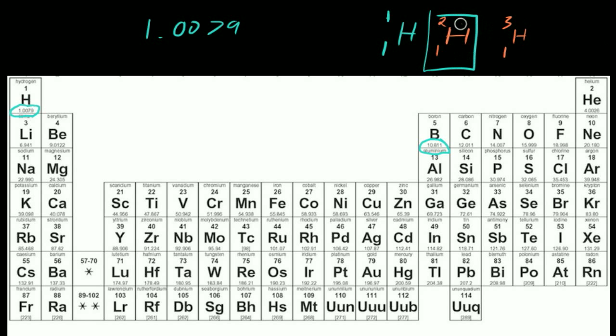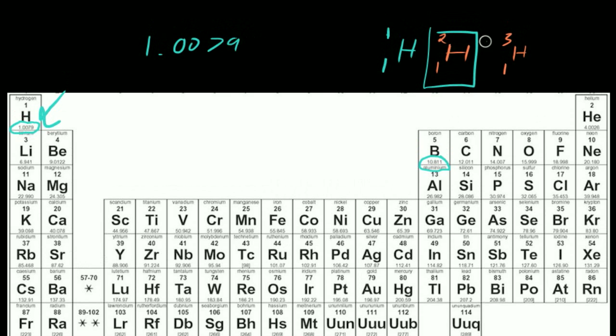But anyway, you can see that this overall number for our atomic mass on the periodic table comes from the percent abundance of these isotopes in nature, that you have got way more of this in nature than you've got either of these two.